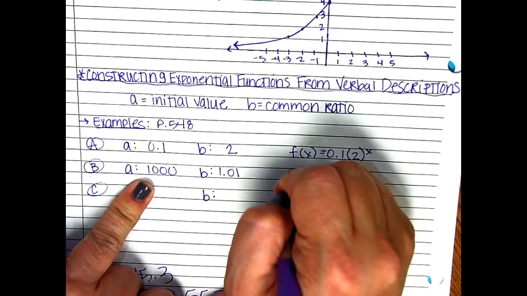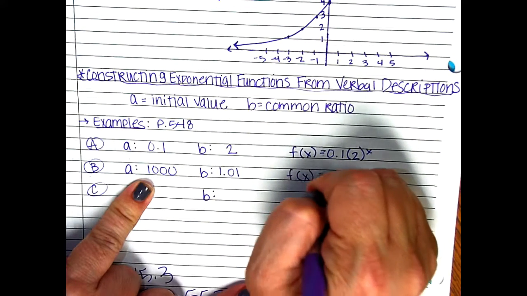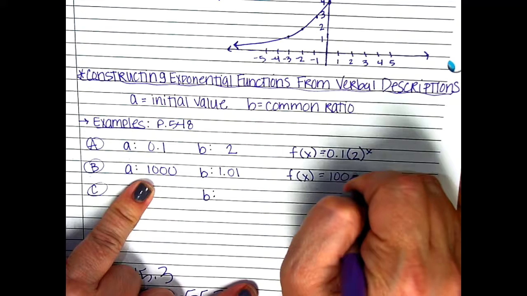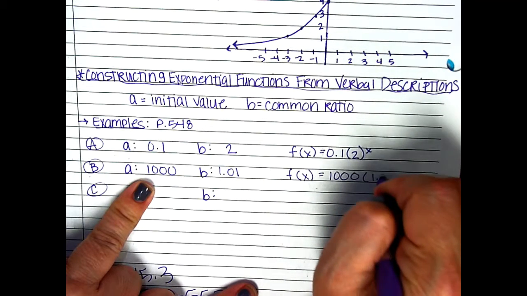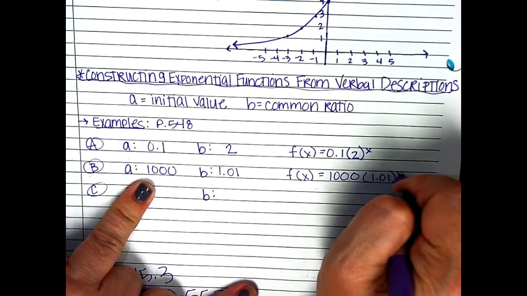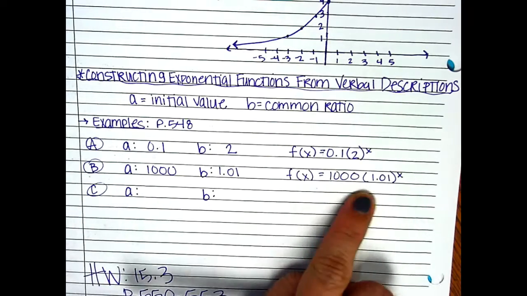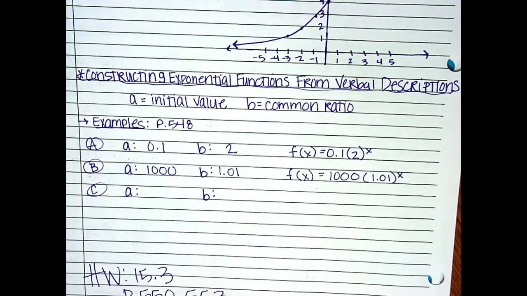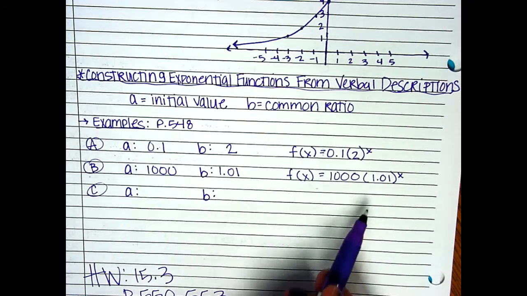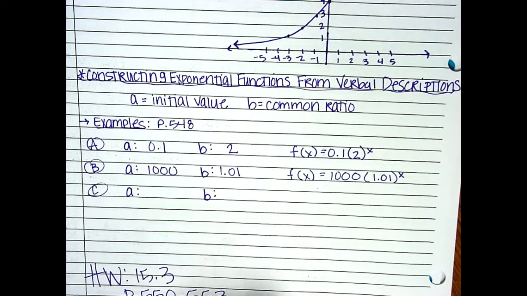So this would be f of x equals 1,000 times 1.01 to the x. And we'll get a little more into this when we do exponential growth and decay coming up soon, but understand for it to grow, it has to be worth more than it is. So that's got to be over 100%.